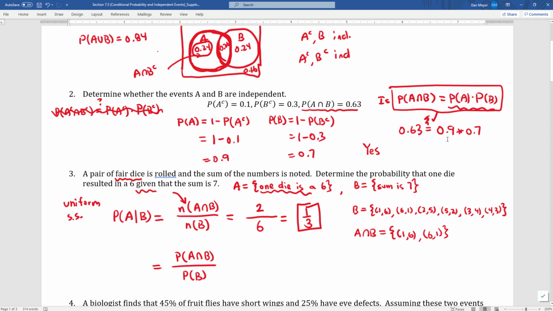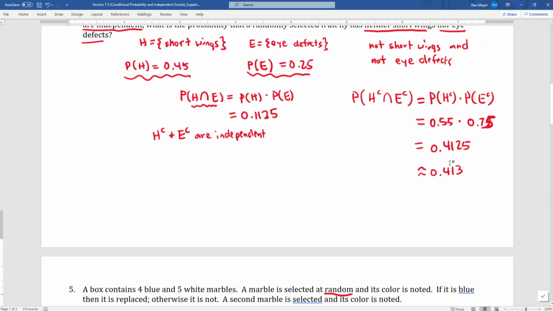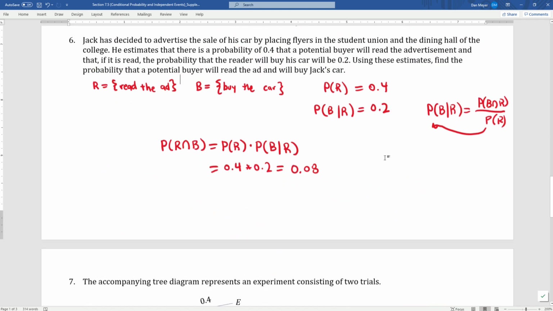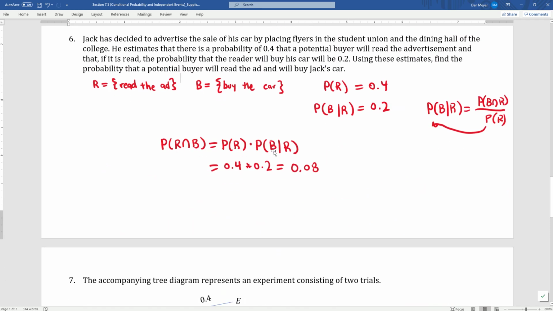What I'm trying to get at here is there are some formulas in this section where, if you know the formulas, the problem is like a 30-second problem. And if you don't know the formulas, it's a problem you can spend 5 minutes on and make almost no progress, if any.